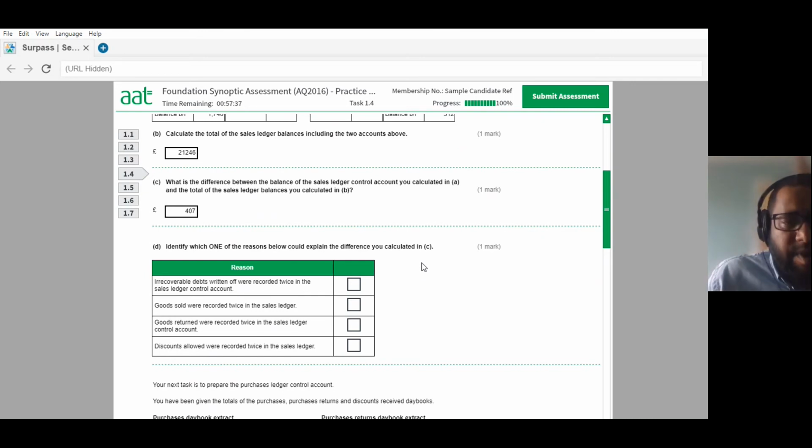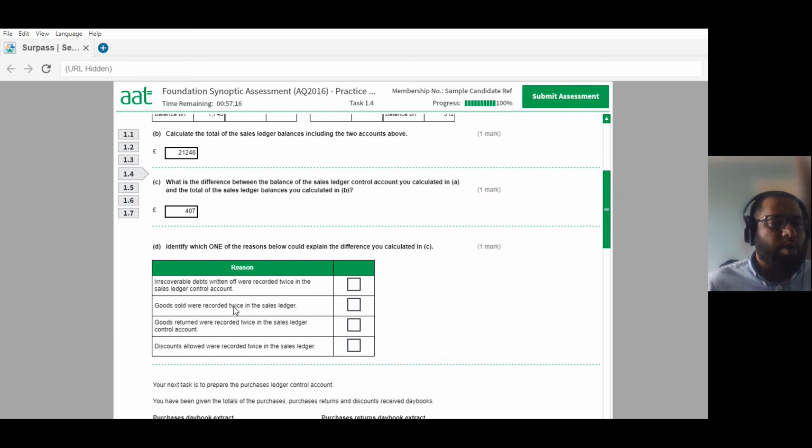So here, irrecoverable debt written off is recorded twice in the sales ledger control account. So if your irrecoverable debt is recorded twice on your SLCA, that normally reduces the balance of that control account. So therefore, that balance will be even lower than the sales ledger individual balances. So this is never going to be a right answer.